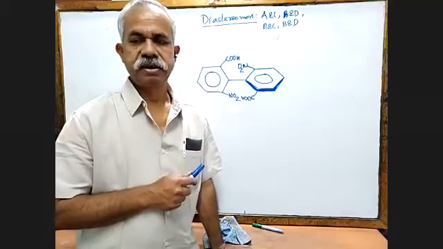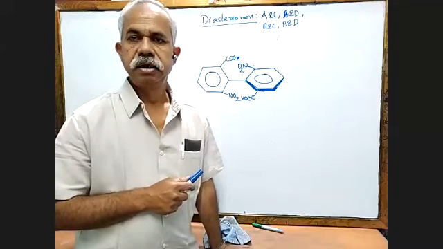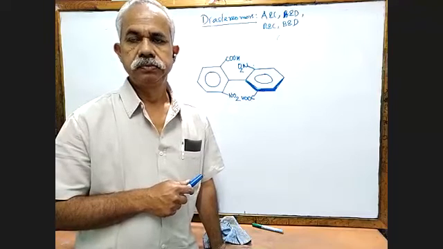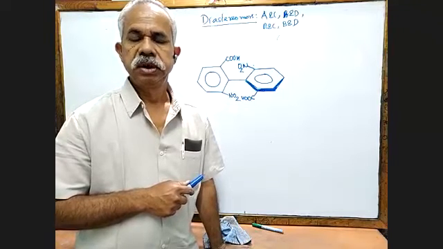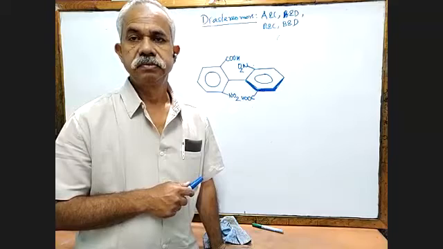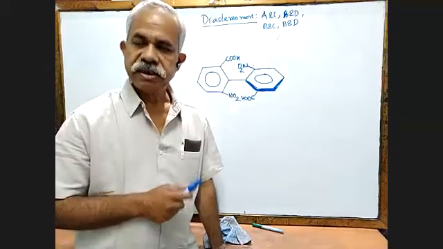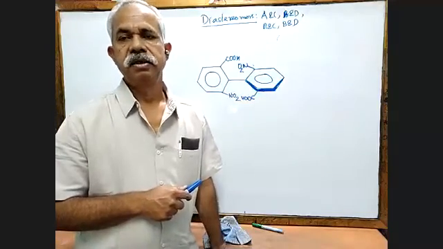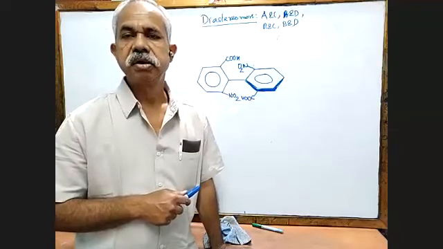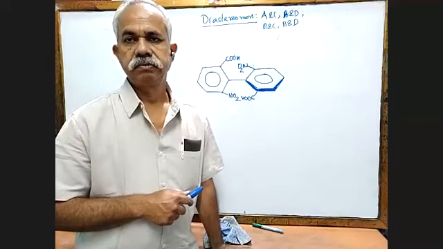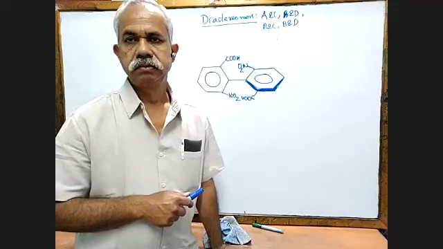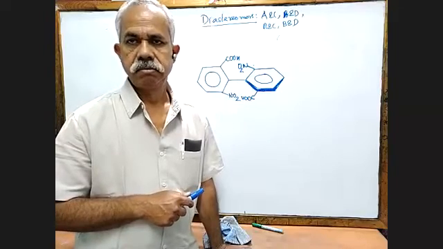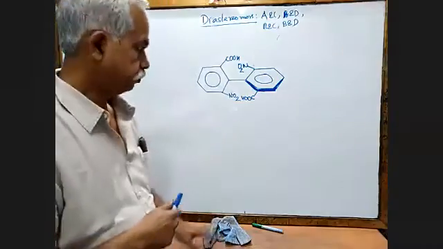That is, the molecule as a whole is asymmetric or chiral. The molecule as a whole should be asymmetric or chiral, or dissymmetric. All right.